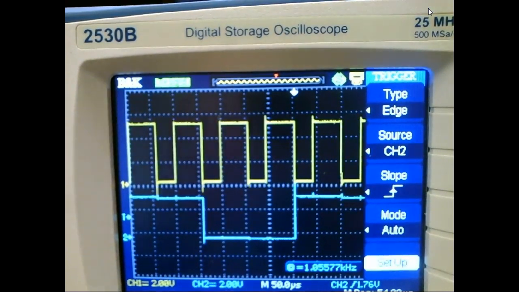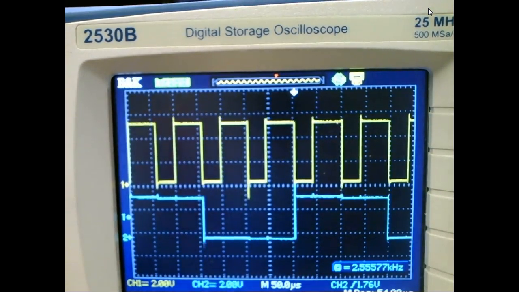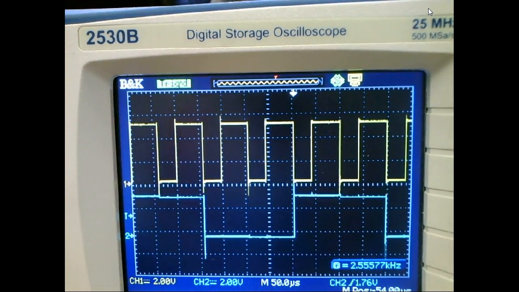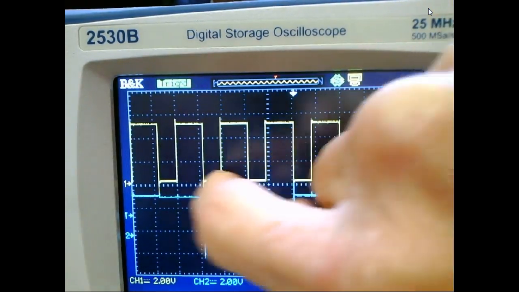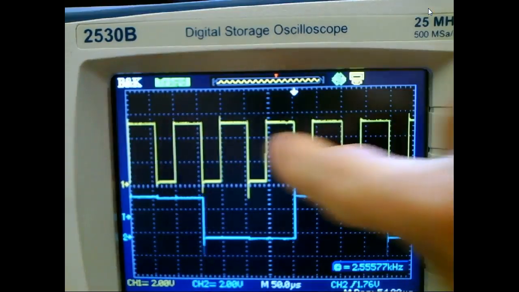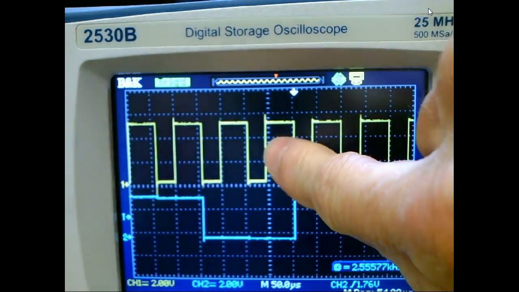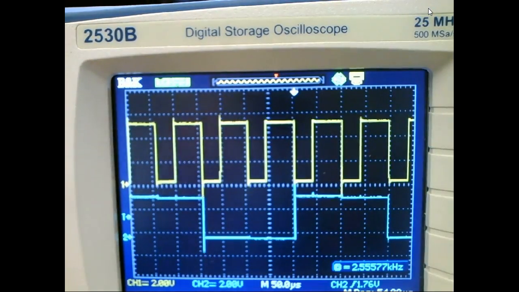One, two, three, 4. So for every 4, I'm just looking at the pulses. For every 4 of these, we have one of those. That's a divided by 4, right?